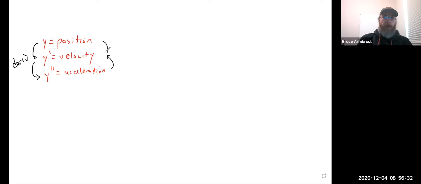So if we're going to go up this list, these are going to be antiderivatives. So here's actually a very good example of why we would want to do an antiderivative. Because maybe we're told an acceleration and instead we want to find position.